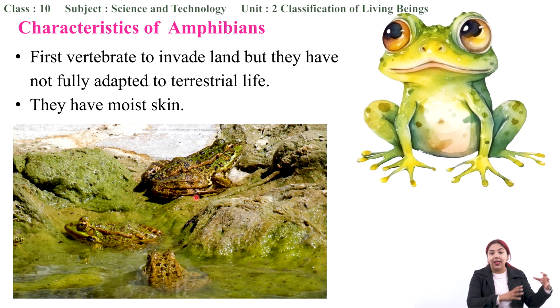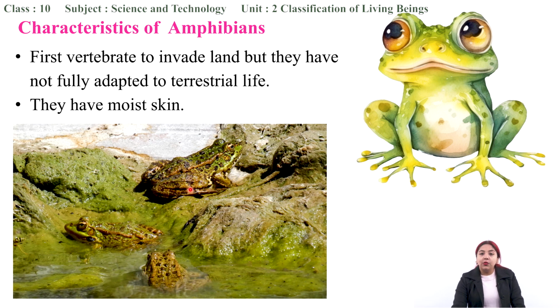They were the first vertebrates to invade the land, but since they were the first ones, they did not fully adapt to the terrestrial life. So they come to the land, they go back to the aquatic life, they come to the land, go back to the aquatic life. Hence their name amphibians, having a dual mode of life.